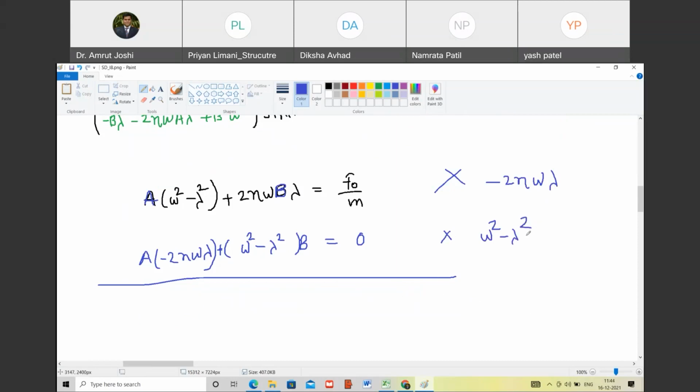Preliminary mathematics. Patience is required. Now, what do we get? So we get A into some quantity which I am not going to write down, because anyway that is going to cancel when we subtract the two equations. So you have something like this. Are you with me? Okay, so it is there.